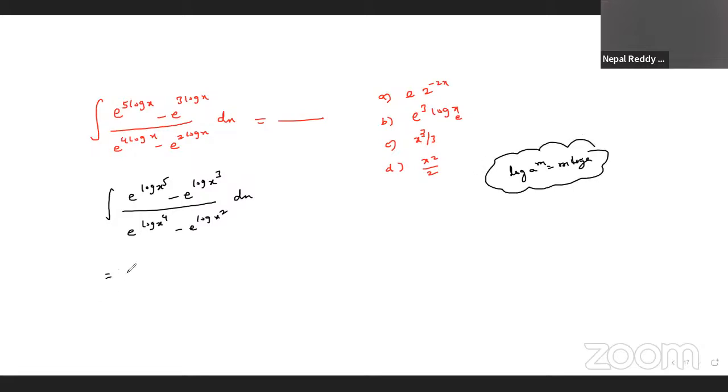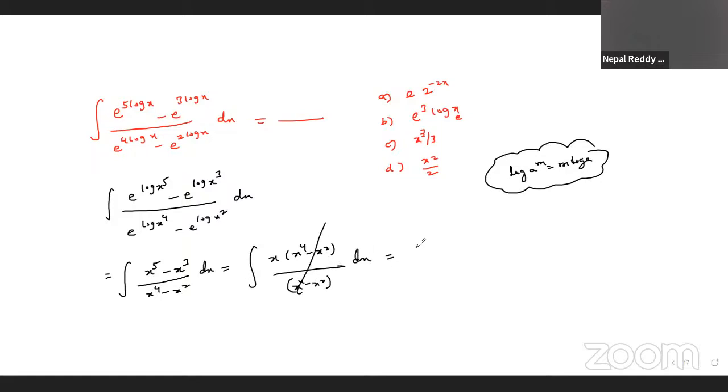And now exponential and logarithm get cancelled. You will get x power 5 minus x power 3 divided by x power 4 minus x square, into dx. When you take x common, x power 4 minus x square you will get. So here in the denominator, x power 4 minus x square, both get cancelled. Integral x dx, value x square by 2 plus c. And hence option D is the right answer.